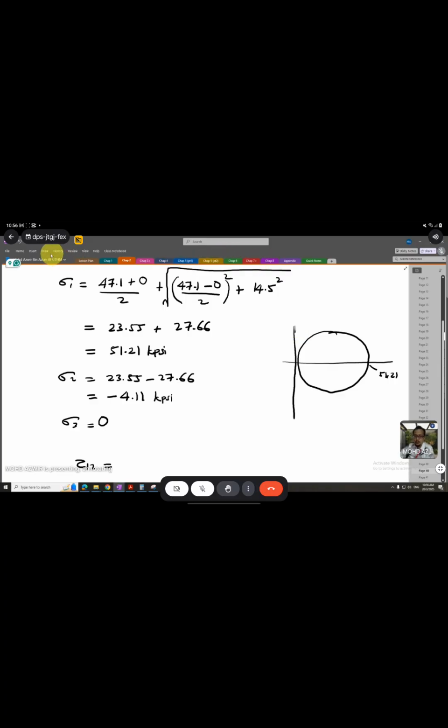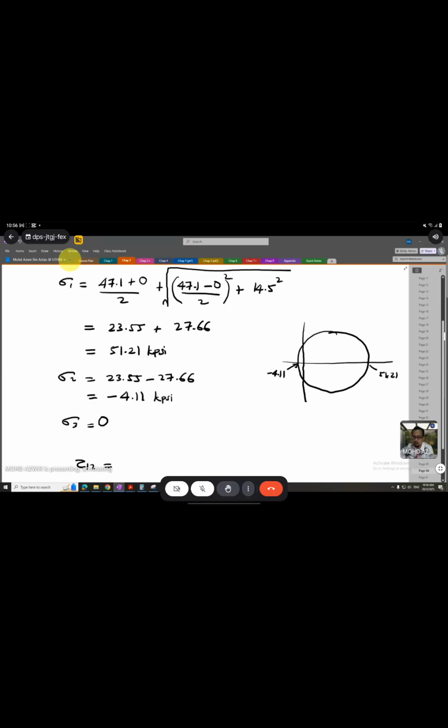Sigma 2 we have 0. Okay, that means this one is negative 4.11.